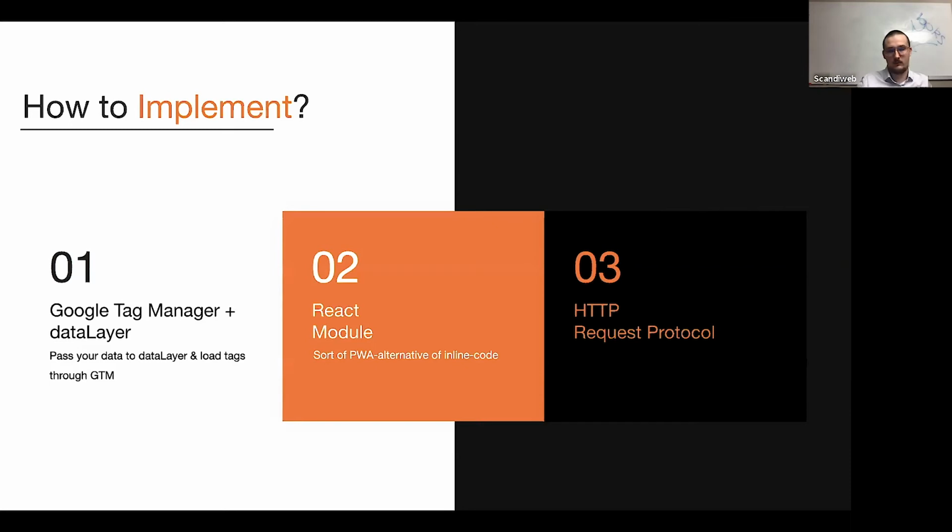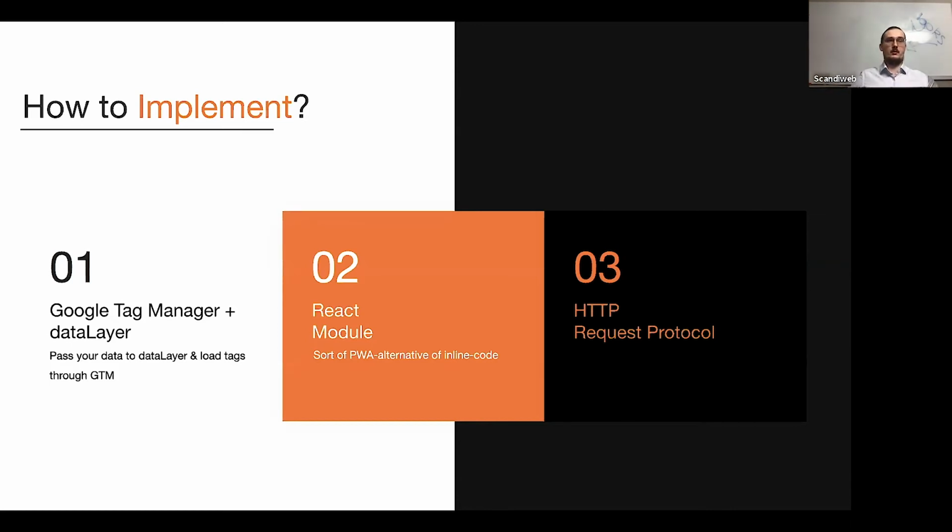And the third one is, I guess, the most resource intensive option: the HTTP request protocol. I was thinking about when you would really like to use the HTTP protocol version, and there are two extreme scenarios.